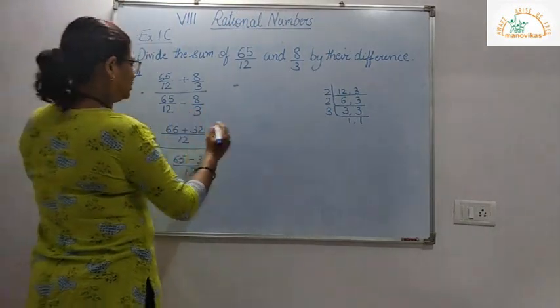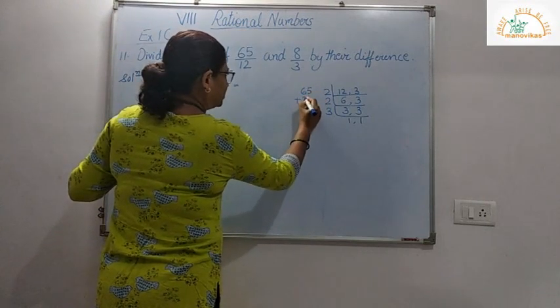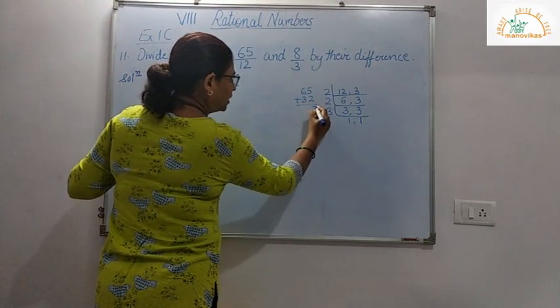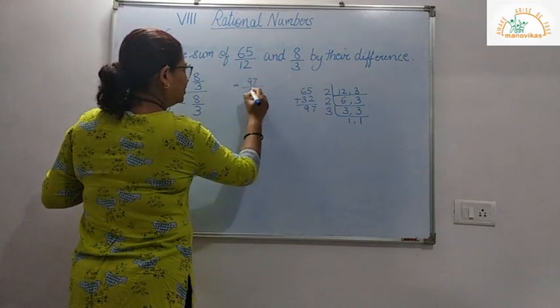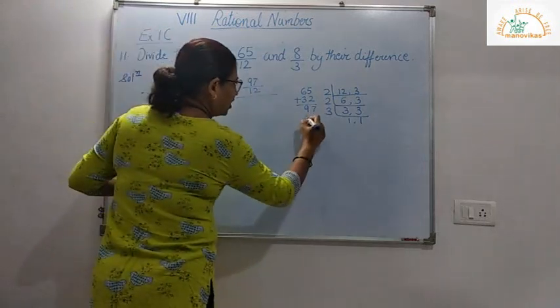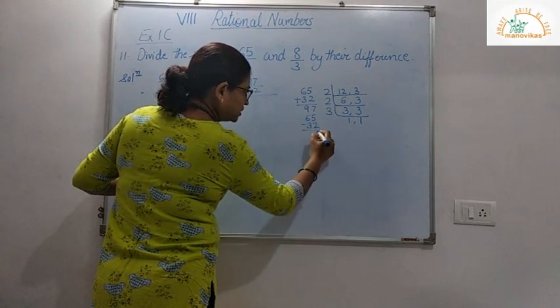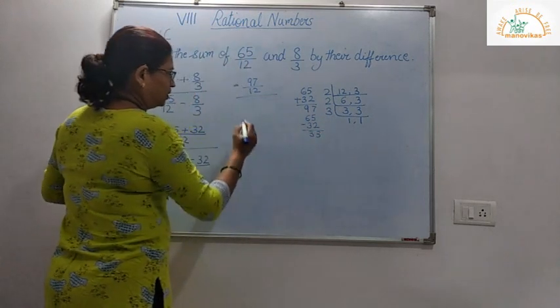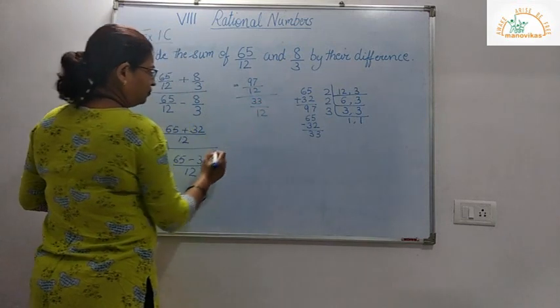Now here 65 plus 32 gives me 97. So 97 divided by 12 upon 65 minus 32, which is 33. So I get here 33 divided by 12.